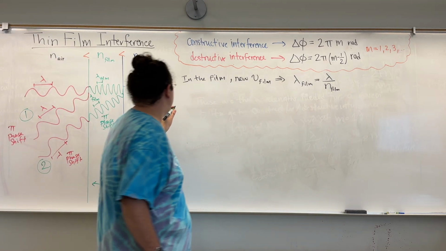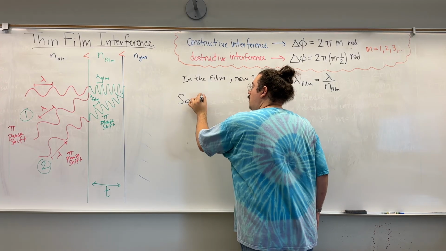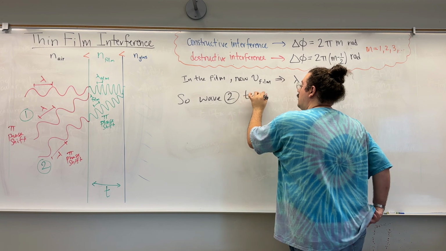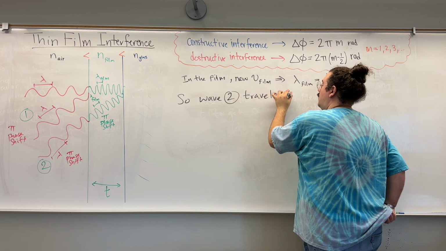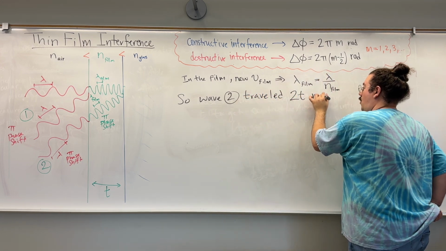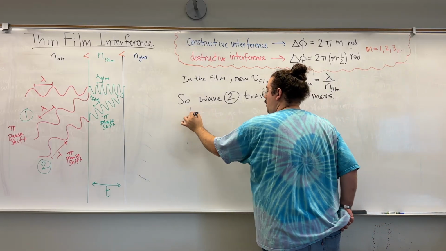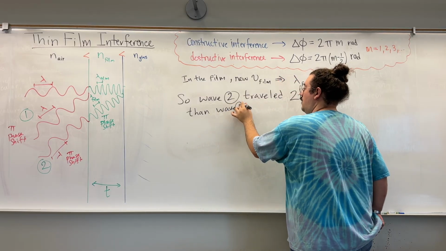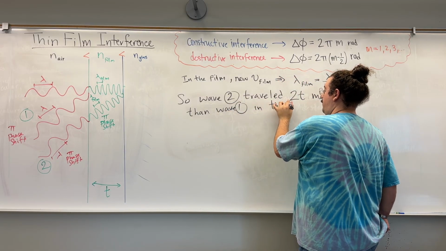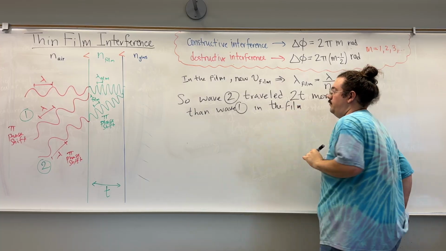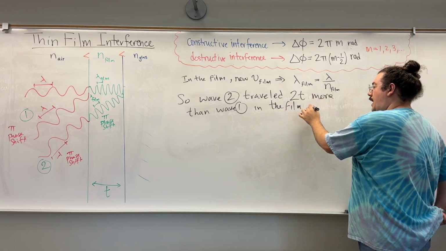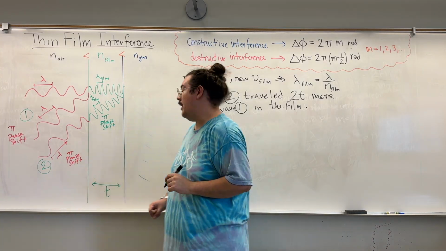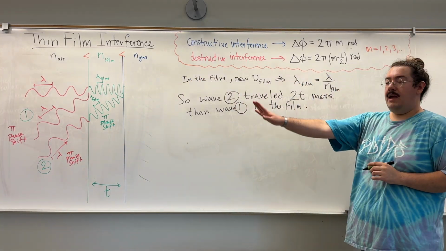So we know that wave 2 traveled 2t more than wave 1 in the film. Okay? So let's look at how these two waves are now going to interfere in air.